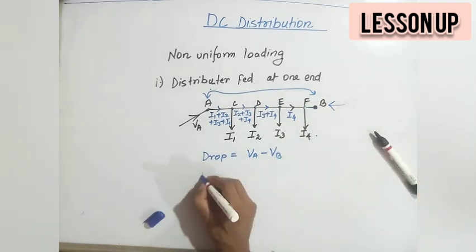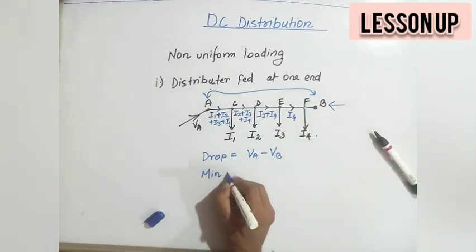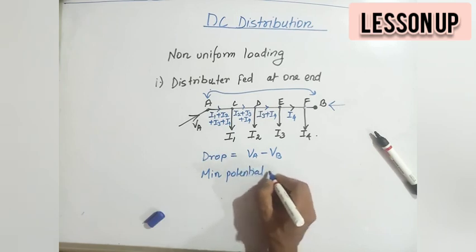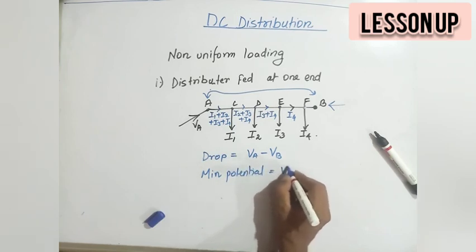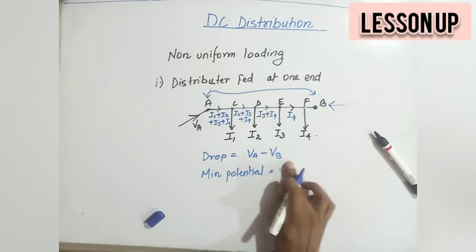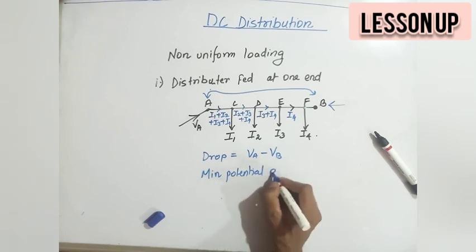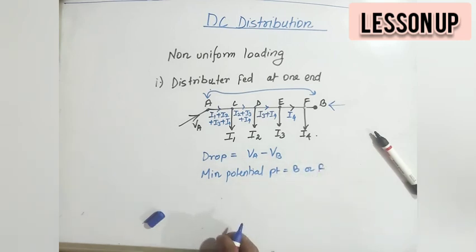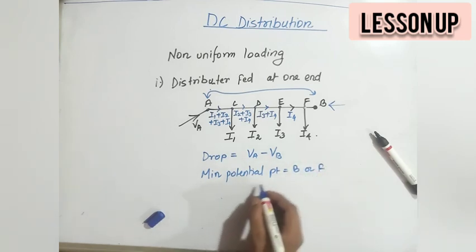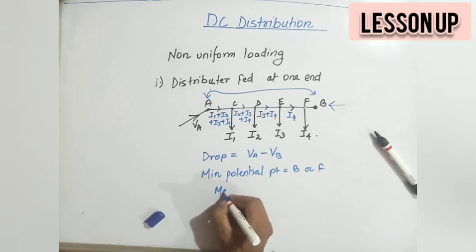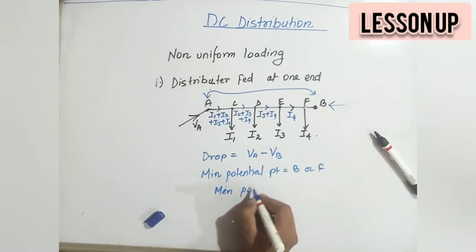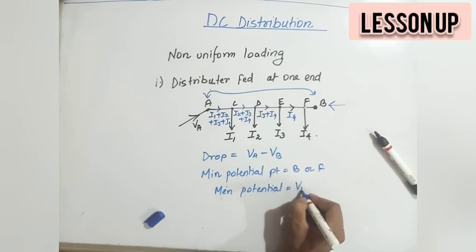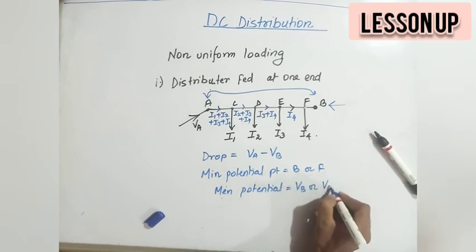Okay, so the minimum potential point is B or F, or we can tell the minimum potential will be VB or VF.